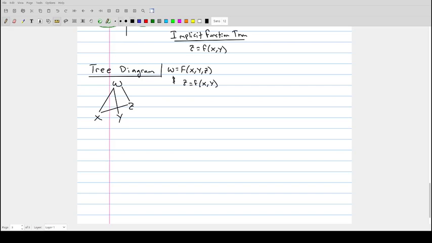And both x and y also feed into z, so z depends on y and z depends on x. And you'll notice that I put z higher than x and y because it still depends on x and y. But this is the correct tree diagram for this scenario.